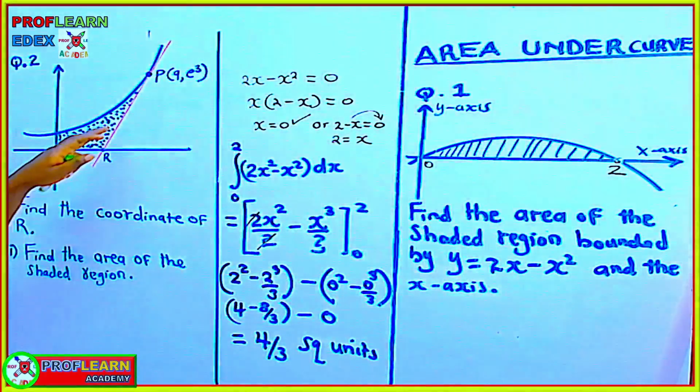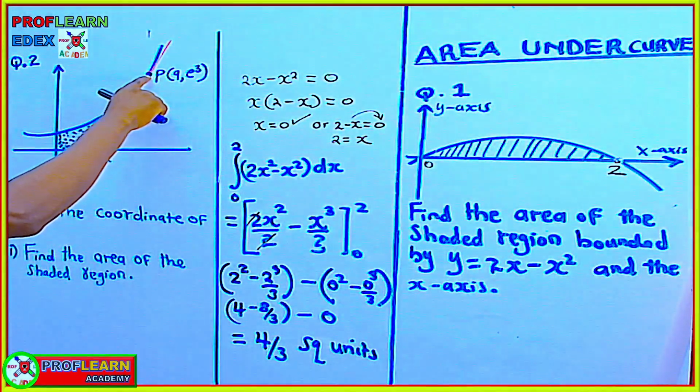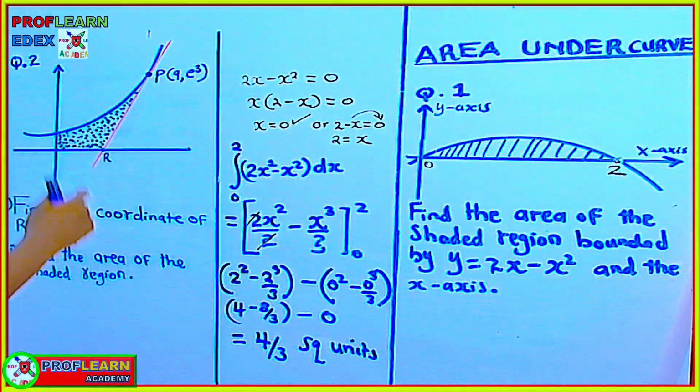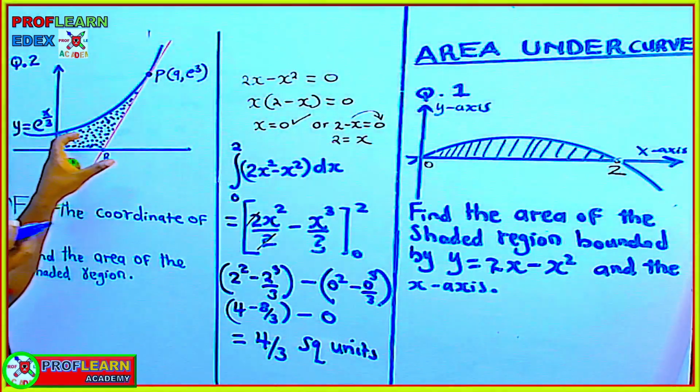Now, we're going to look at a second scenario, where you have a curve whose equation is y equals e to the power x over 3. This is the equation of the curve.